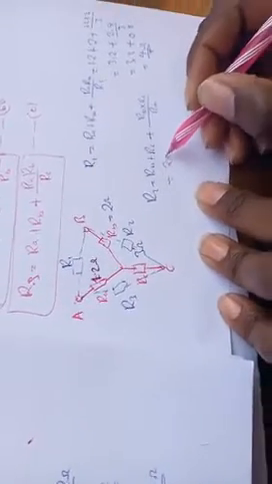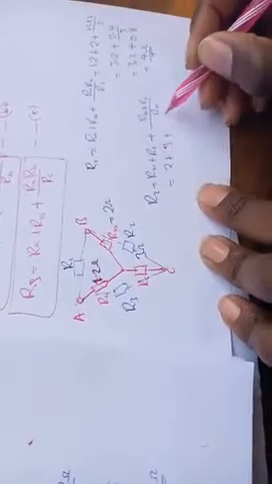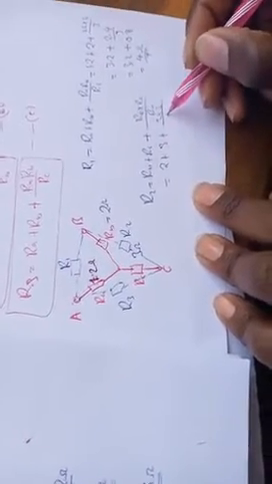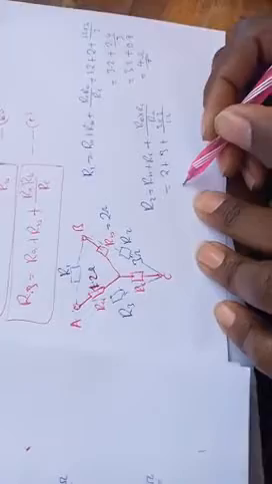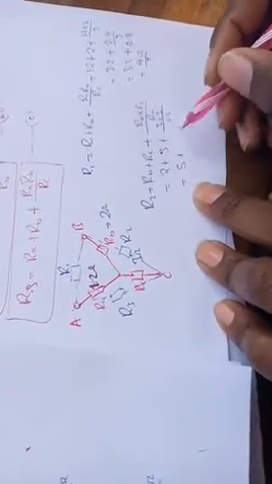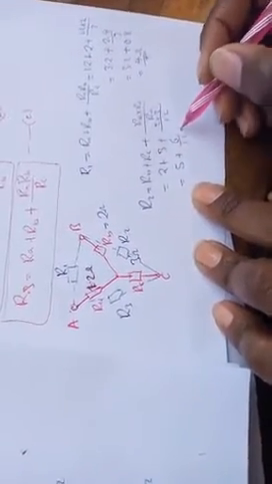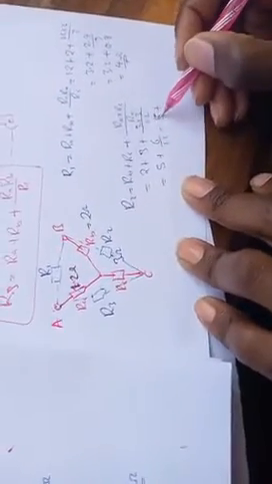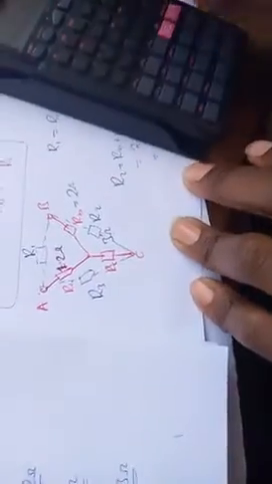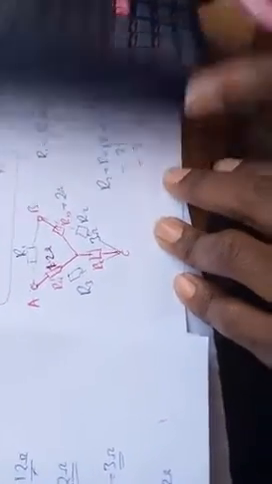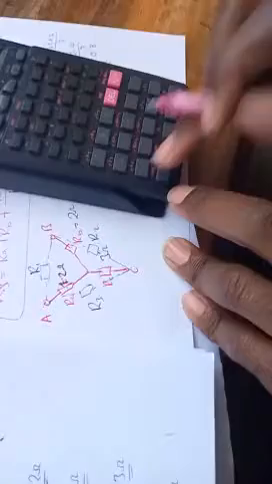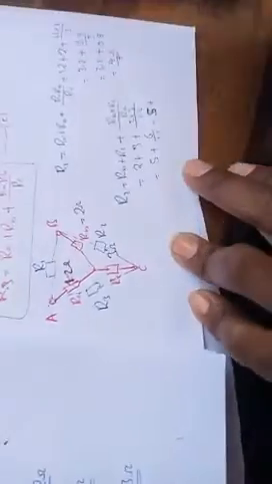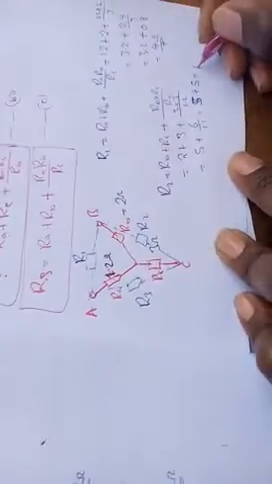RB is 2 plus RC is 3 plus 2 times 3 over 1.2. Here it's 5 plus 6 over 1.2. 6 over 1.2 is 5. This will give us 10.